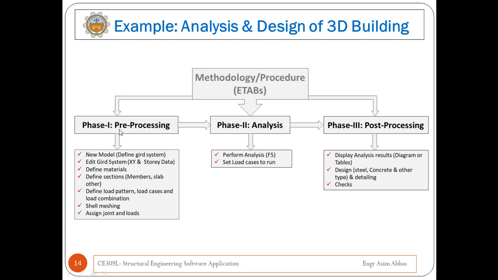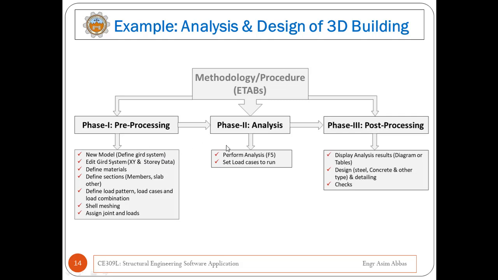Phase 1 is the pre-processing, where the different properties will be defined for a model. We'll create a new model, then define a grid system for that, then edit the grid system if required for x, y and story data, then define materials, then define sections for beam, column and slab, then define load patterns, load cases and load combinations, then meshing of shell elements, then assign joints and loads.